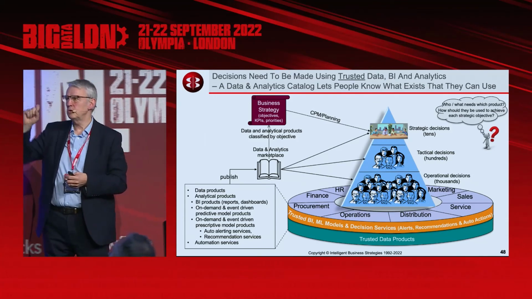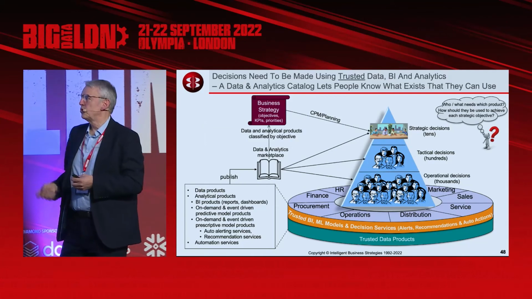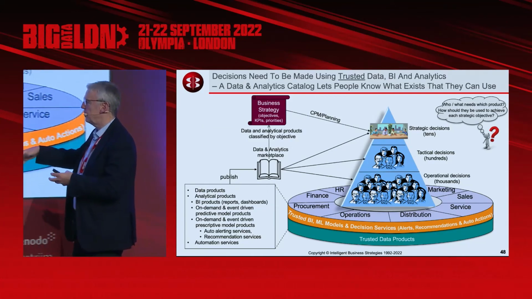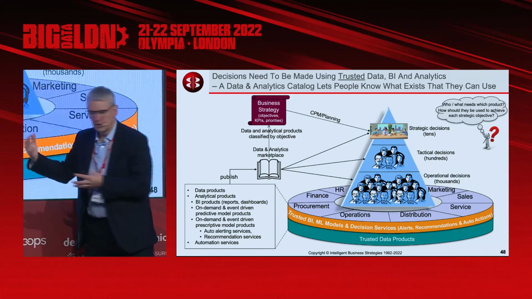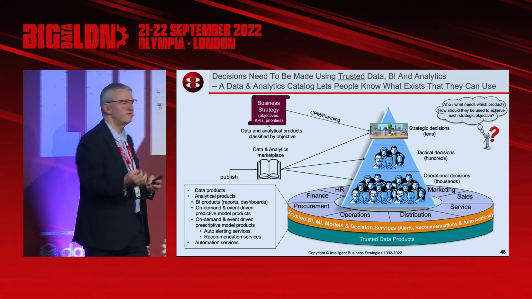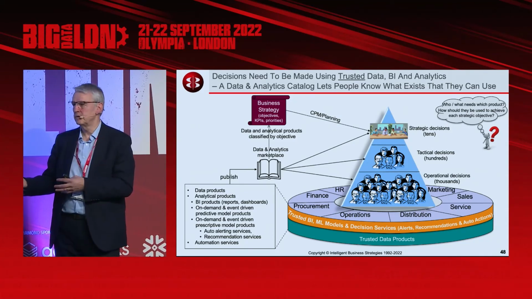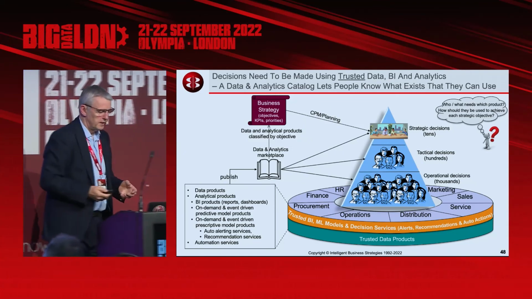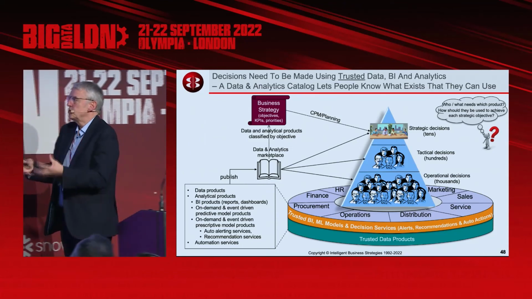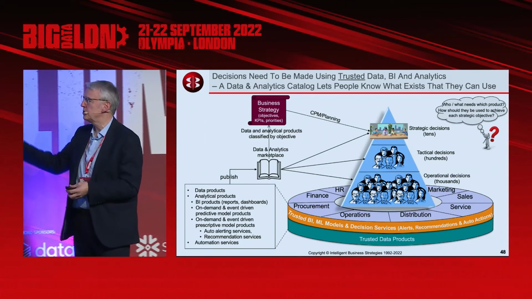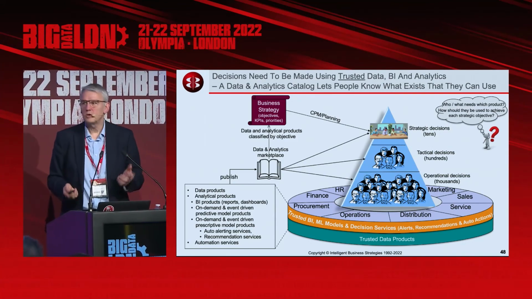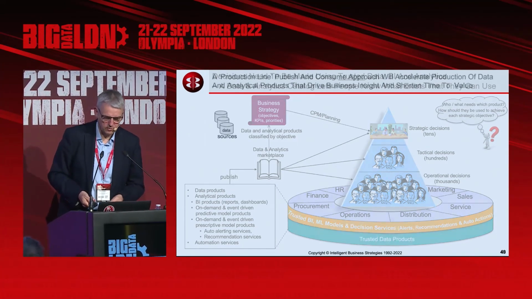We need to ensure that we reduce fraud. So which data products and machine learning models and BI reports and decision services are available to reduce fraud? So you can see it, and where are they deployed in the business to be able to do that? So that we get into this reusable set of components that we can quickly use in different parts of the business to deliver value fast, but also to ensure that they're contributing to common goals.